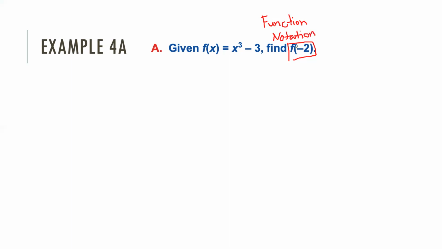So when I see f of -2, all that really means is, what is y when x equals -2. So this is just saying, using function f, my input is -2, what is my output? So it's going to be input -2, and what do you get?